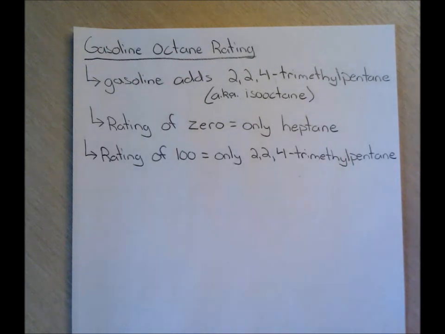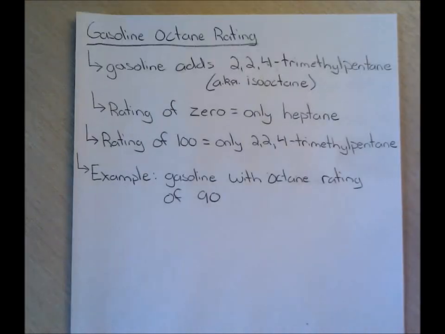To give you an example, if you go to the gas station and select a gasoline with an octane rating of 90, that means you have a mixture of 90% isooctane and the other 10% is heptane.